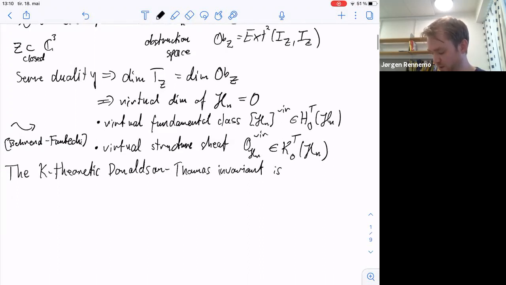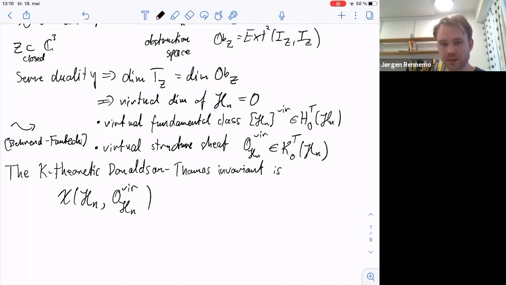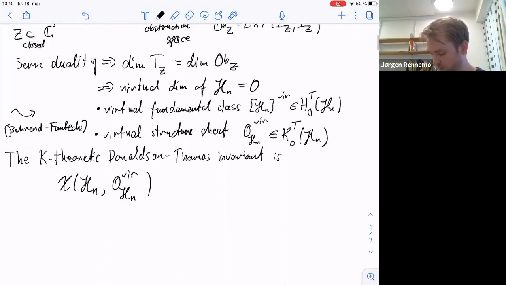So again, there are various versions of this, but the simplest one you can write down is to take this thing, take the Euler characteristic. If you have a K-theory class, you're allowed to take its Euler characteristic, and you would get an element in the T-equivariant K-theory of a point, so the representation ring.